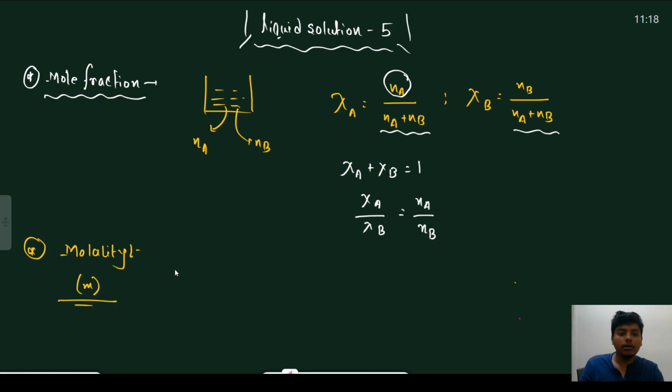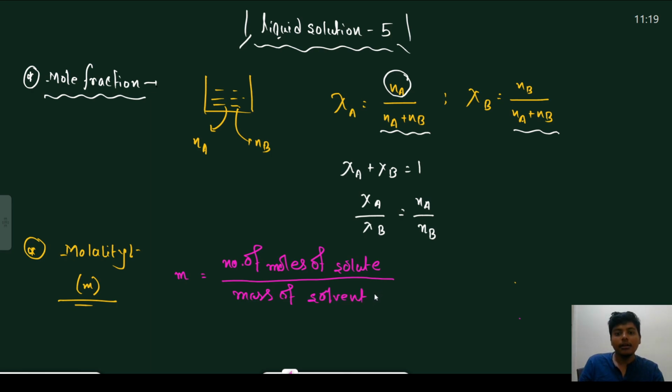Number of moles of solute, divided by 1 kg of what? Solvent. Then mass of solvent. Mass of solvent in kg. Okay.